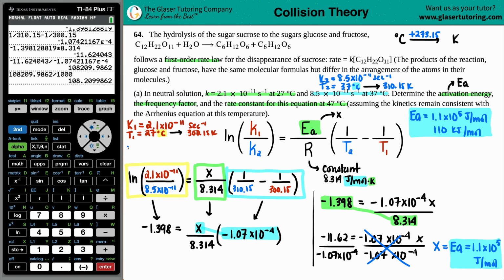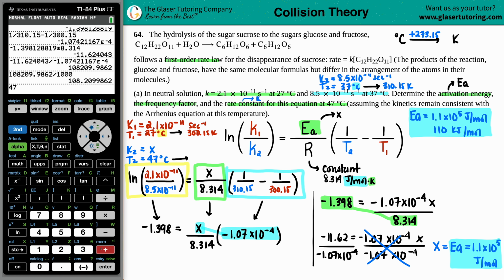K2 is the one that we're solving for. A rate constant is always K. So that's going to be now the X value. And T2 is going to be that temperature with that rate constant. They said now that this is going to be 47 degrees Celsius, but the issue that it was before, we just have to convert the 47 into Kelvin.